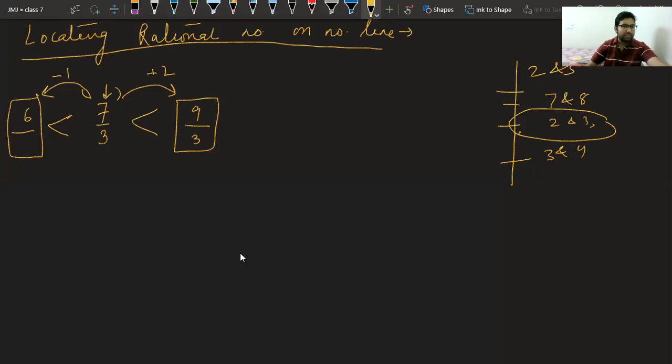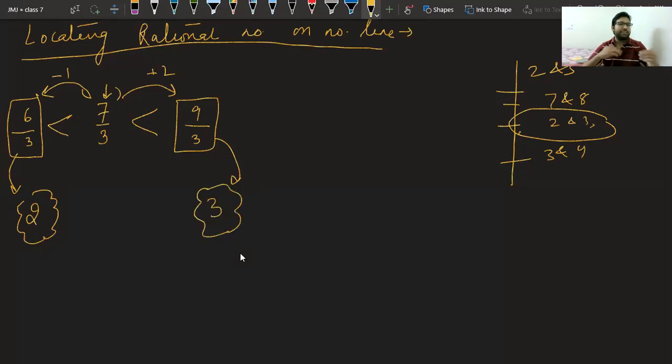So you get 6 by 3. What is the value of 6 by 3? It is 2. Nice. What is the value of 9 by 3? It is 3. So we can say our number is lying between 2 and 3.